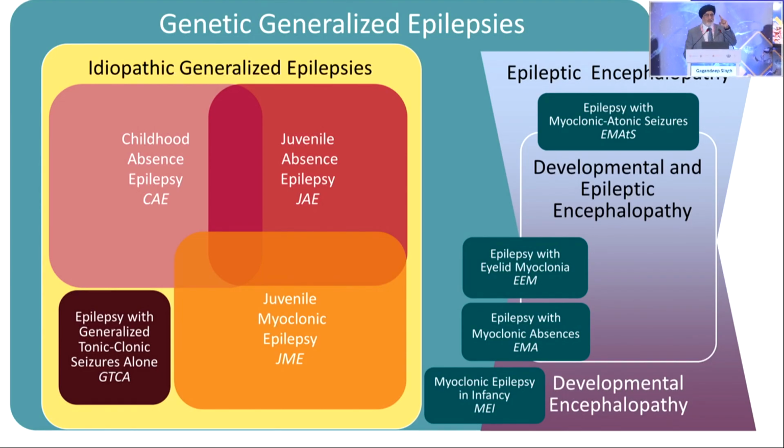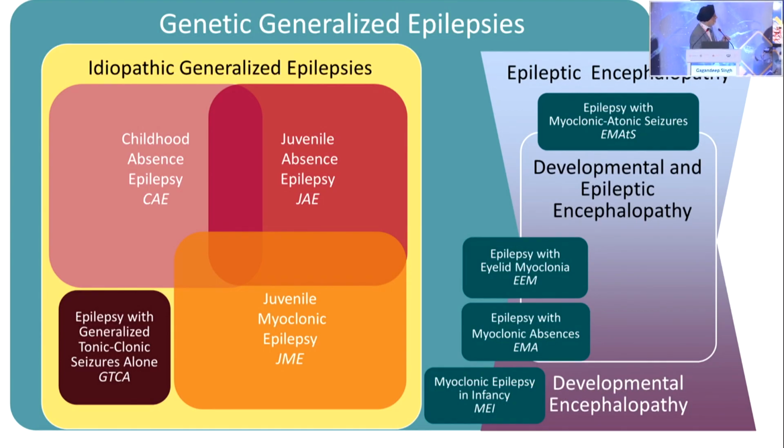So the idiopathic generalized epilepsies are four: childhood absence epilepsy, juvenile absence epilepsy, juvenile myoclonic epilepsy, and epilepsy with generalized tonic-clonic seizures on awakening or alone. But then genetic generalized epilepsy includes a whole lot of other syndromes.